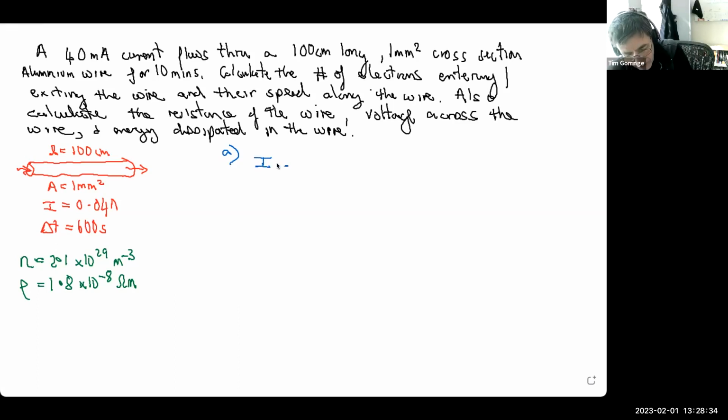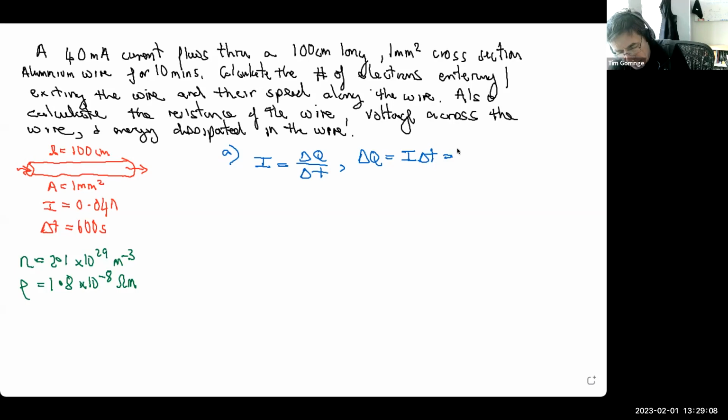I'm going to figure the charge simply from the definition of current. So electrical current is the amount of charge that's flowing through some cross-section of our wire divided by the time that it takes to flow through. So I can rearrange this equation to tell me the amount of charge that flowed in terms of the current that's flowing in the wire and the length of time that that current is flowing for.